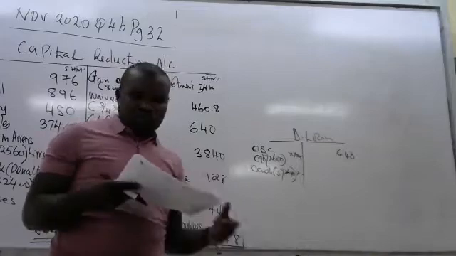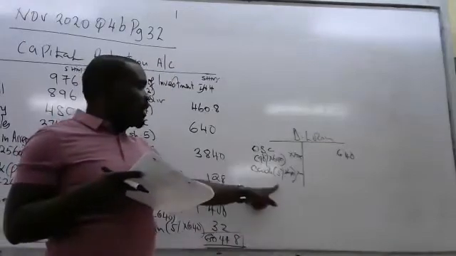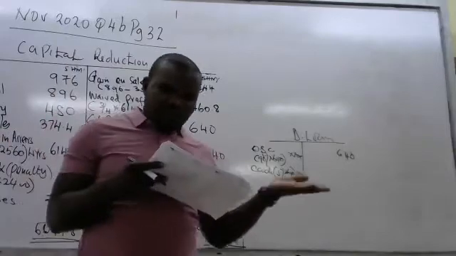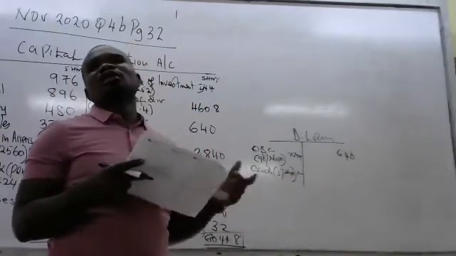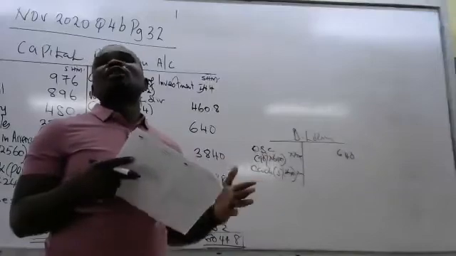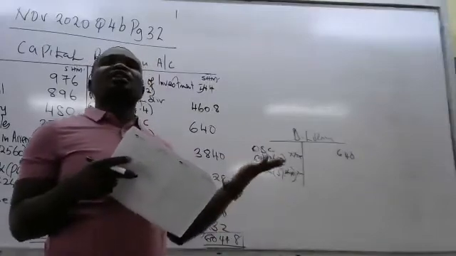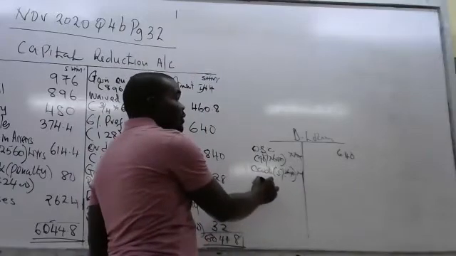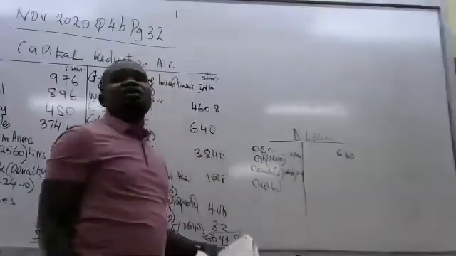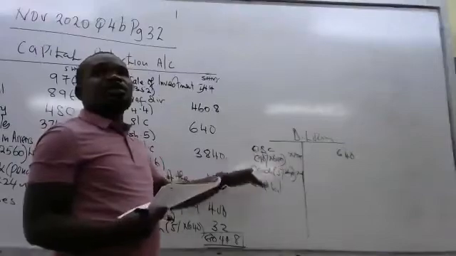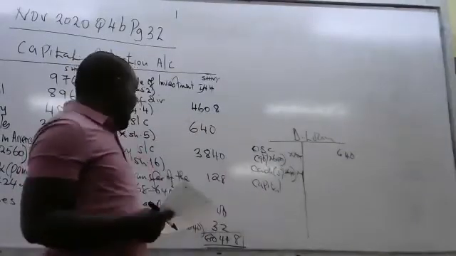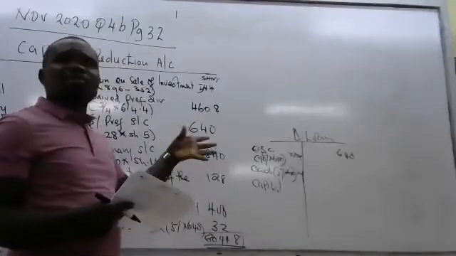What about the remaining 5%? The balance of 5% was to be waived. That is a benefit to the company, which will go straight to capital reduction. So debit the loan account, then credit capital reduction.